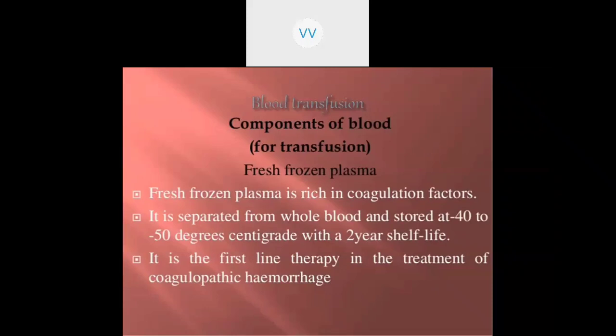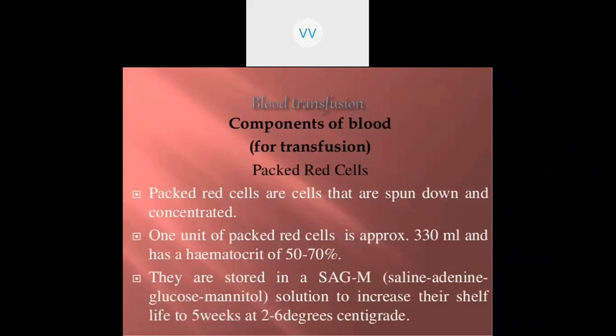This is very common. This type of blood is administered. Packed red blood cells are administered in the case of low hemoglobin, especially in accident cases, emergency cases, or any blood loss or hemorrhage in the body without the knowledge of the patient.